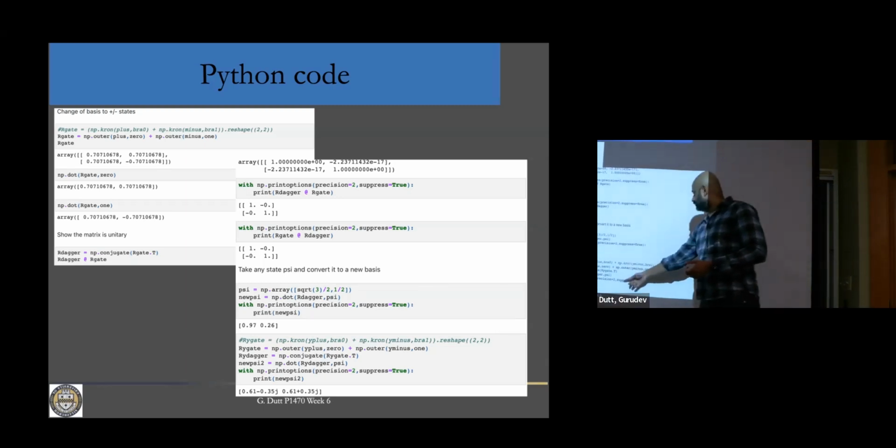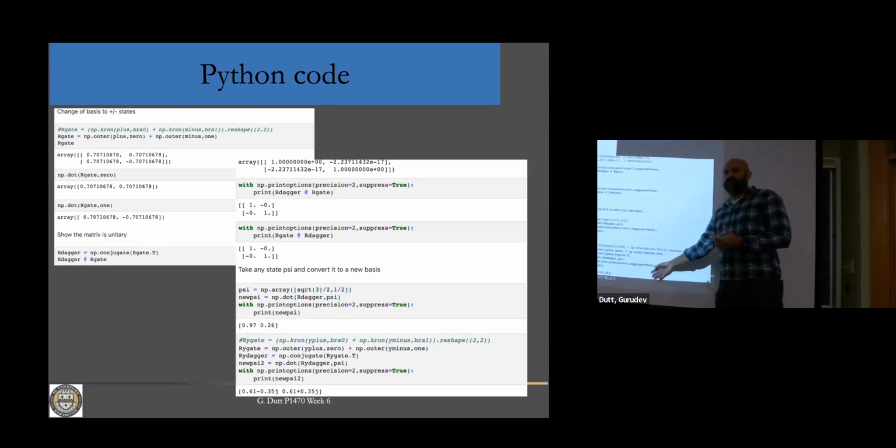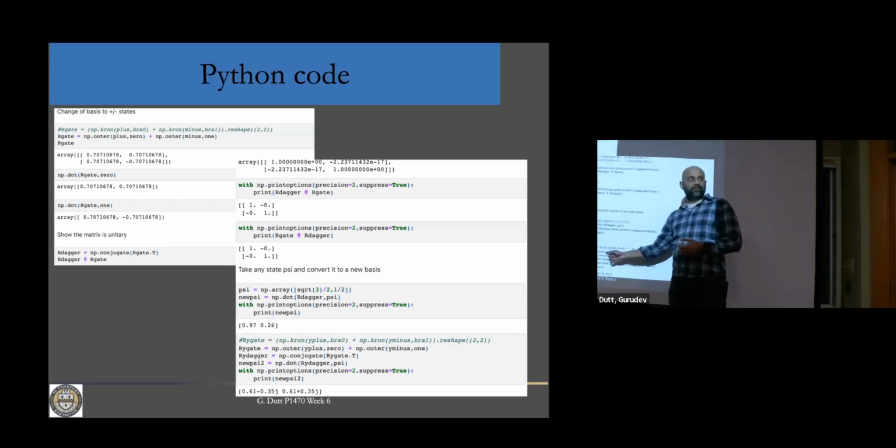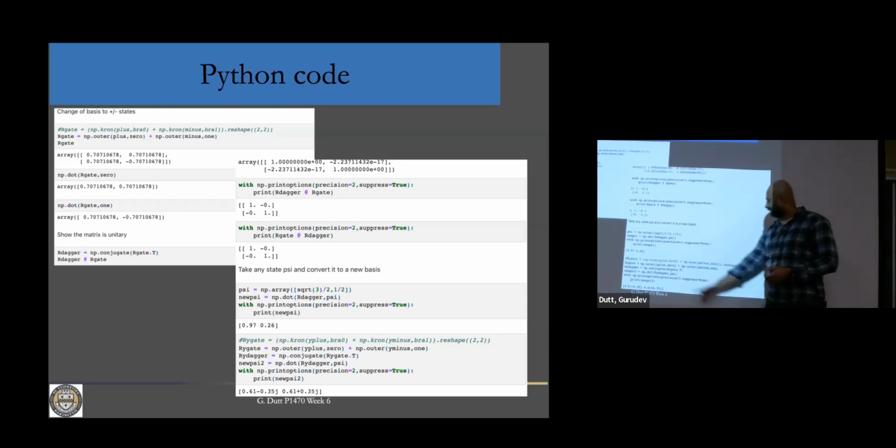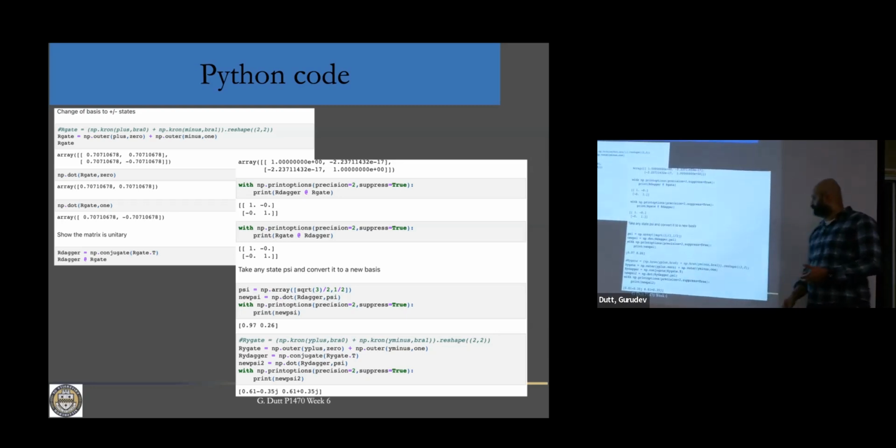And you can also then do it in terms of the y plus and y minus, or plus i and minus i states. Again, define those states, define a new gate which takes you from 1 to y minus and 0 to y plus over here. That's this outer product over here. And then I just have to find the dagger operator over here, which is just the conjugate transpose.